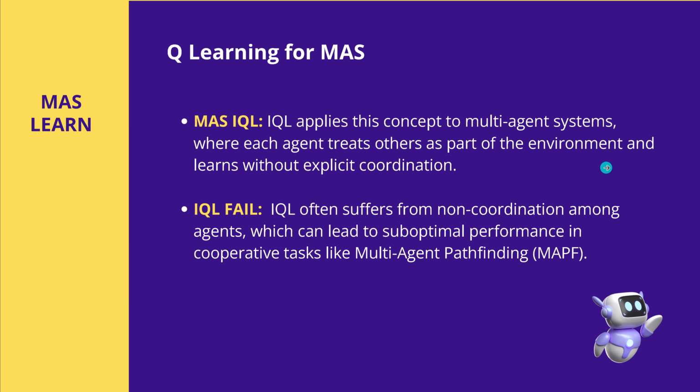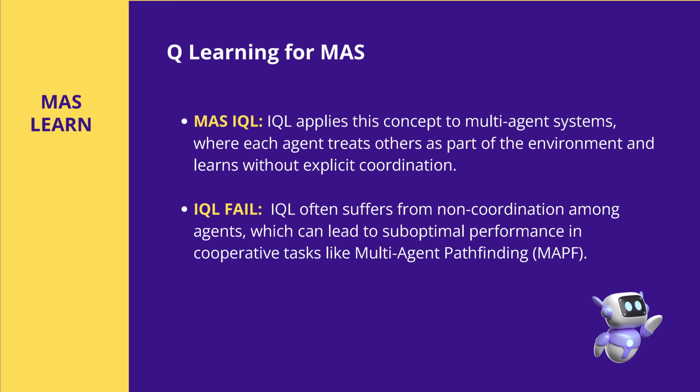for Q learning. Now, the Q learning here for our bunch or set of, I don't know, a dozen little agents, this is not so easy. Each agent treats other agents as a part of the environment and learns without explicit coordination. And this fails because you can imagine this.